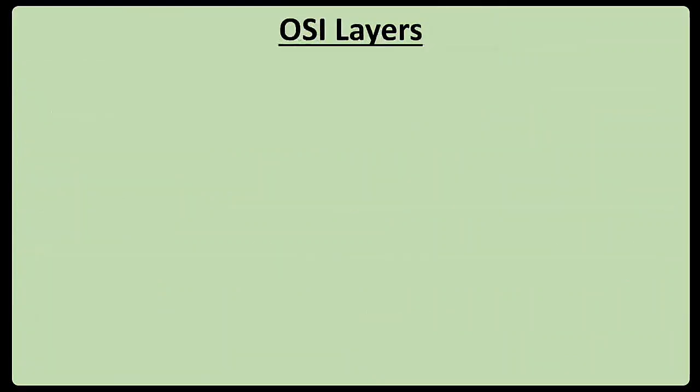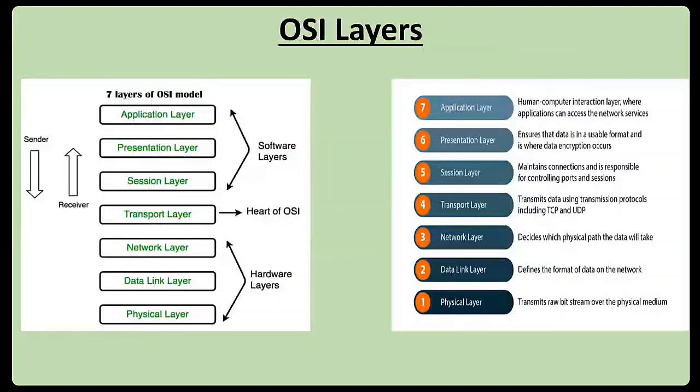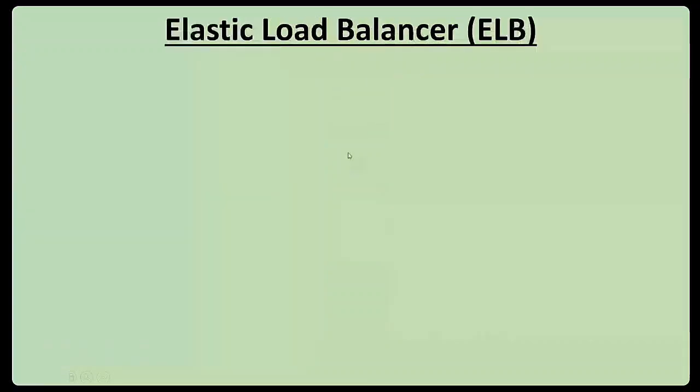Application and classic load balancers are used at the application level, NLB and CLB at the transport layer, and GLB at the network layer. These are the three layers where you can use your load balancers.